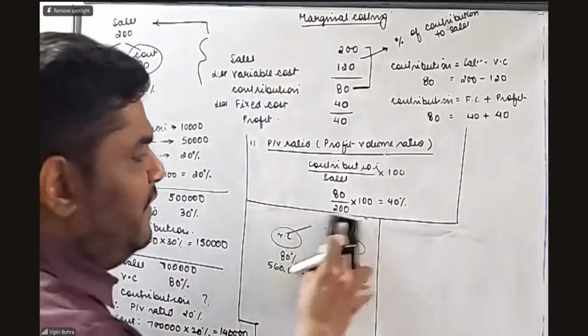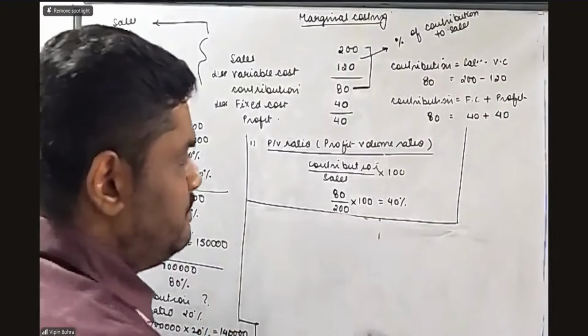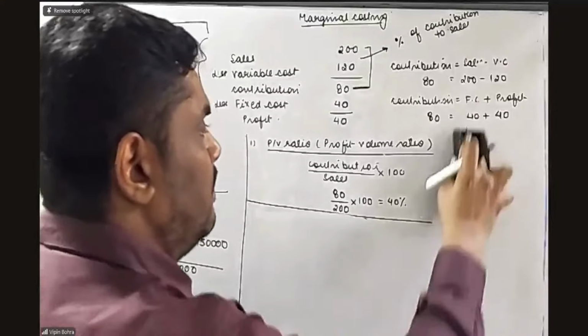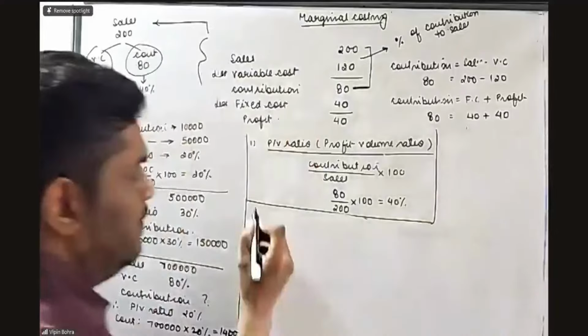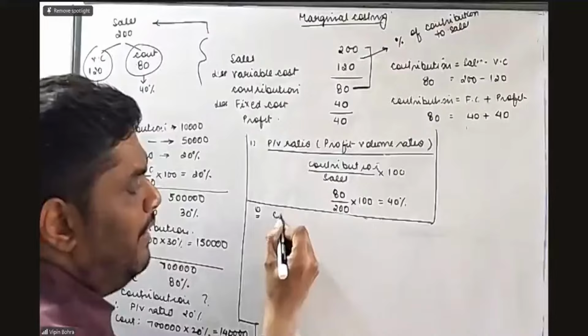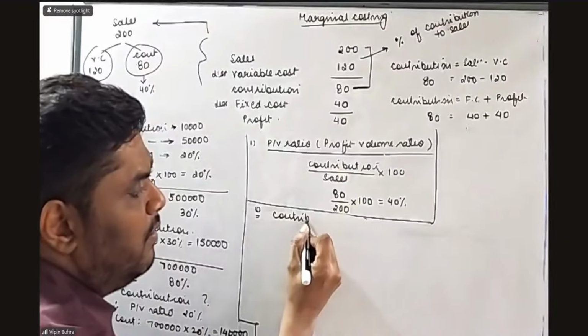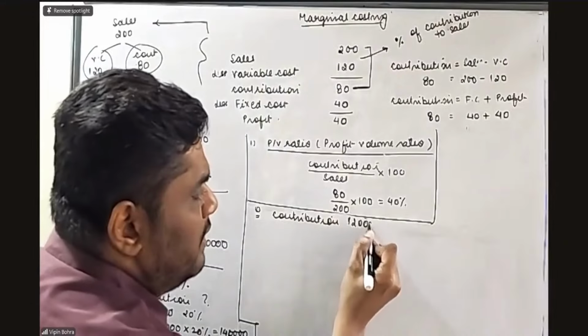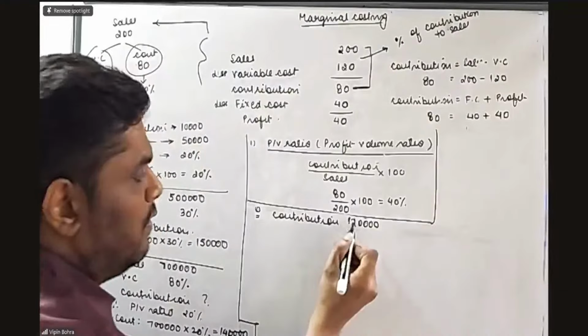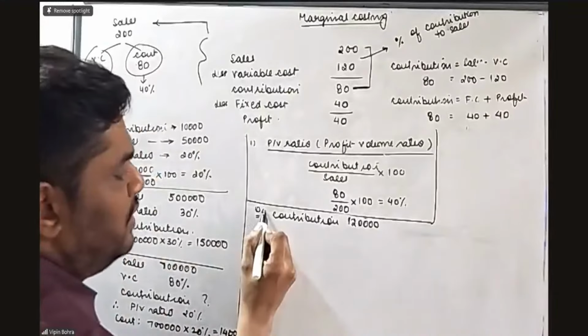Now, let's proceed further with the next question. Let's say my contribution is 1,20,000. Question number 4.